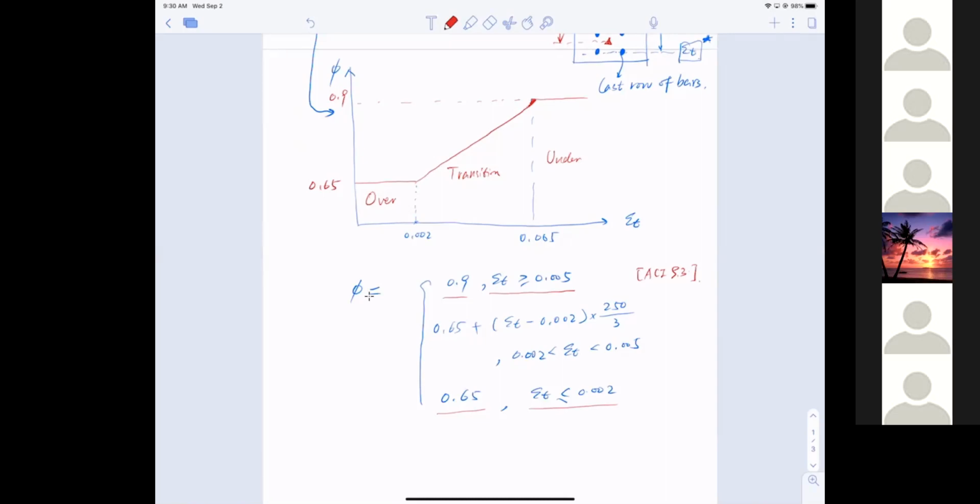I'm going to use this to solve a problem. Last lecture we used one-layer reinforcement. I want to show us how to do two-layer reinforcement, so multiple layers of reinforcement.